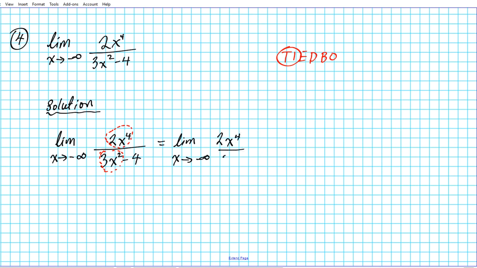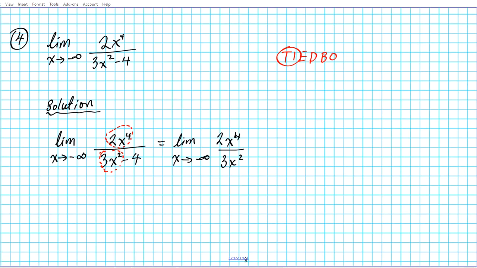Now, we know what the answer is going to be. Because it's top heavy, it's either going to be plus or minus infinity. Alright? So in order to determine exactly what the answer is, we just have to substitute negative infinity here just to find out what the answer is.